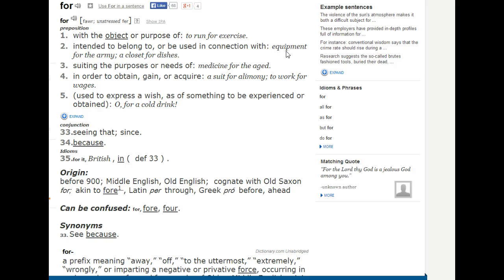And here it gives the example, equipment for the army. A closet for dishes. Okay, those are the two that we're most interested in, and it's intended to belong to or to be used in connection with. Okay, so look up the word, you'll get a definition. It will help you understand why we use that particular word, in this case, this particular preposition.